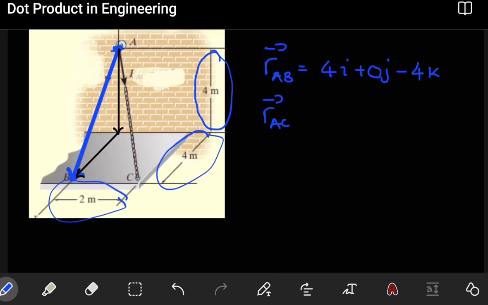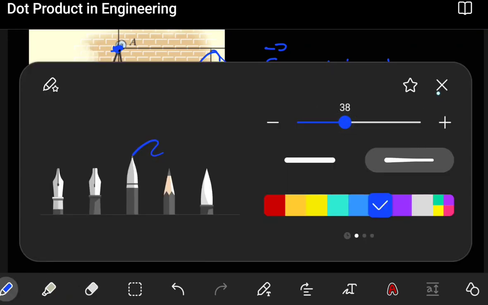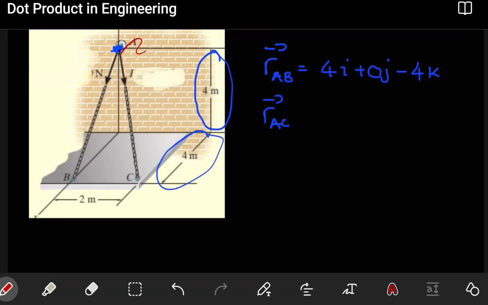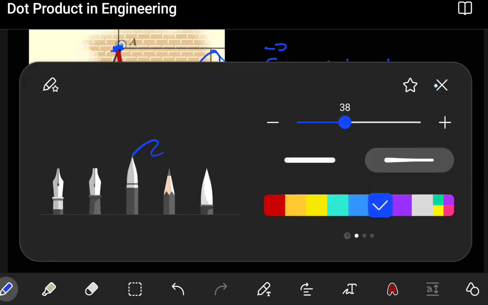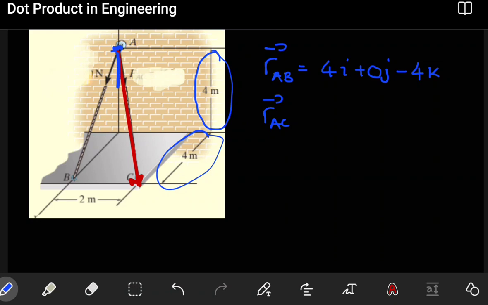And if we look at RAC, look at what you have to do. So let's put down RAC, and let's have it in red. RAC is from A coming up to this point. To reach that, how do you have to move? Well, the first step will have to go down.